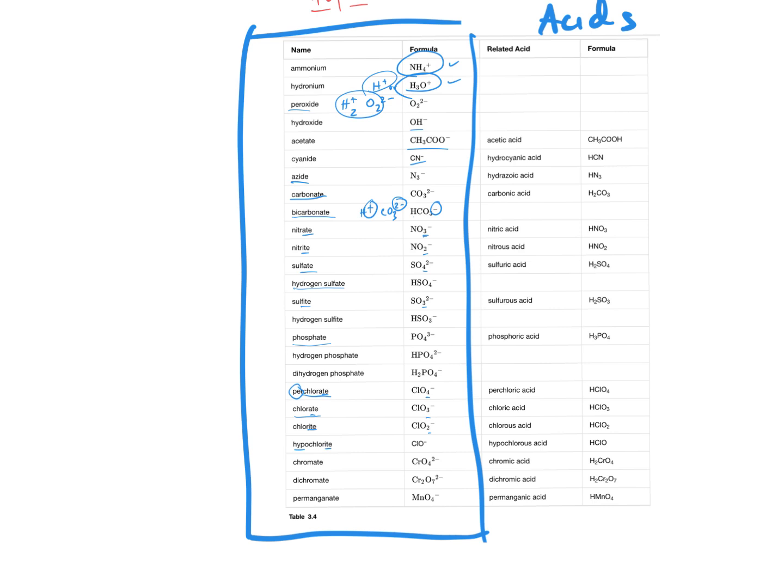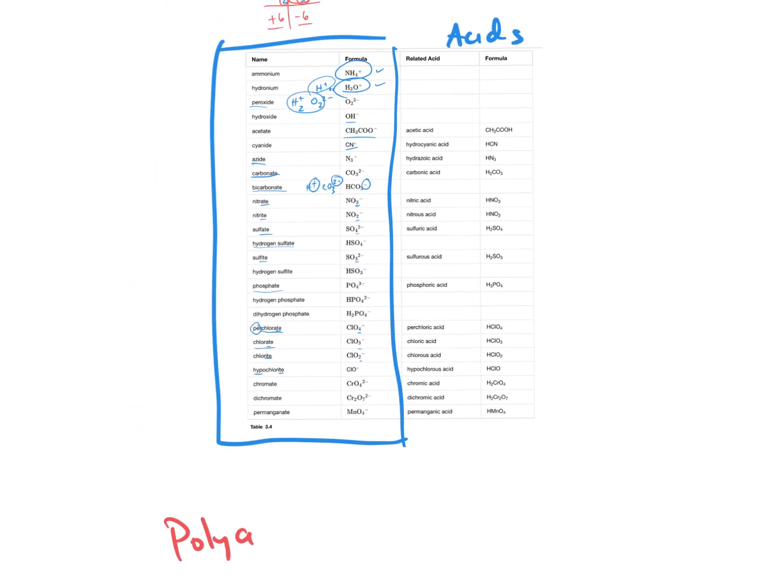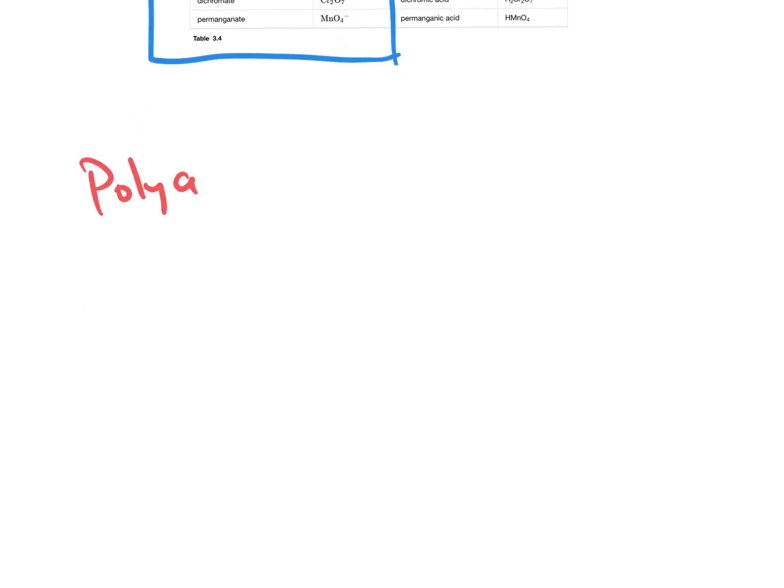Any questions about polyatomic ions? Yeah, let's give you a definition, right? Poly, what does poly mean? Many, more than one, right? Just like polygon, right? So, many atoms.